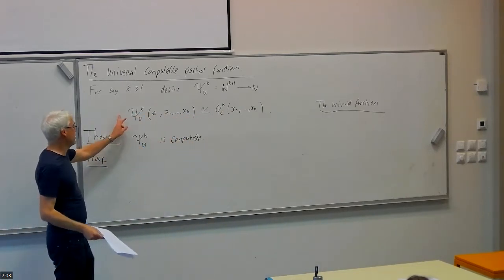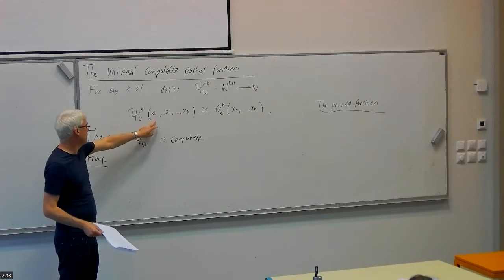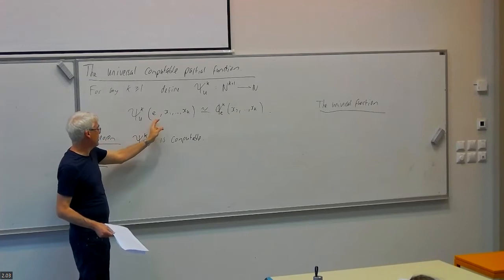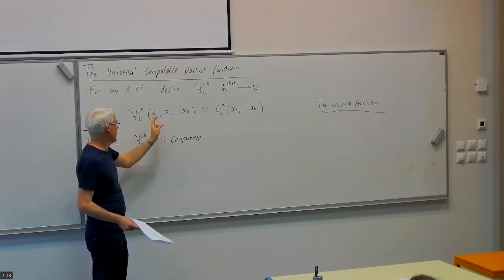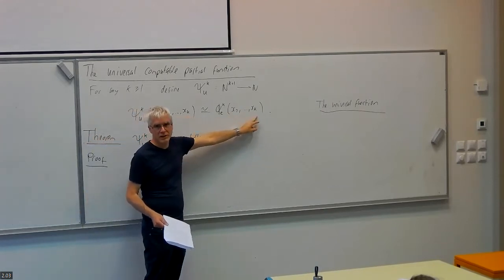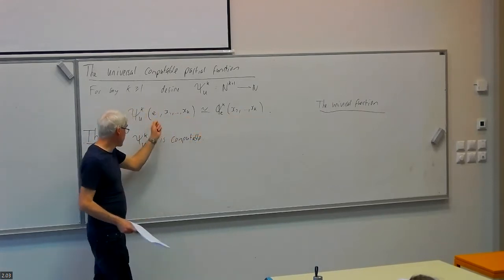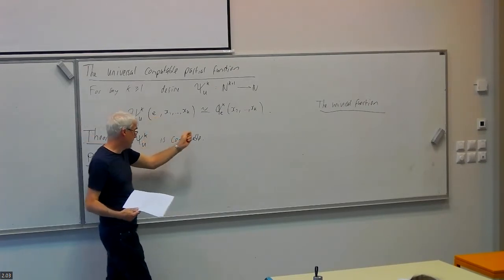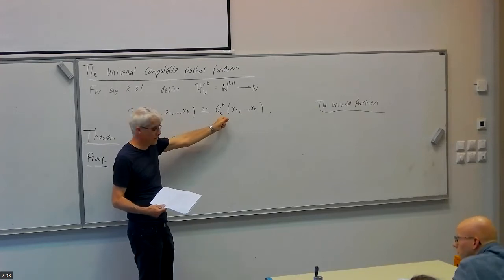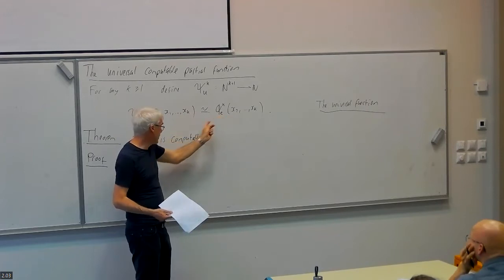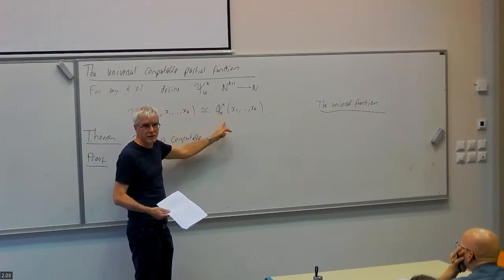So what do we need to do? Well, the Turing machine that computes this is going to need to input the numbers e, x1 through to xk, and return this value here. What is e? Well, e is the index for the particular computable partial function phi sub e. And we already showed that that is defined. The index is the number encoding the string representing the Turing machine.